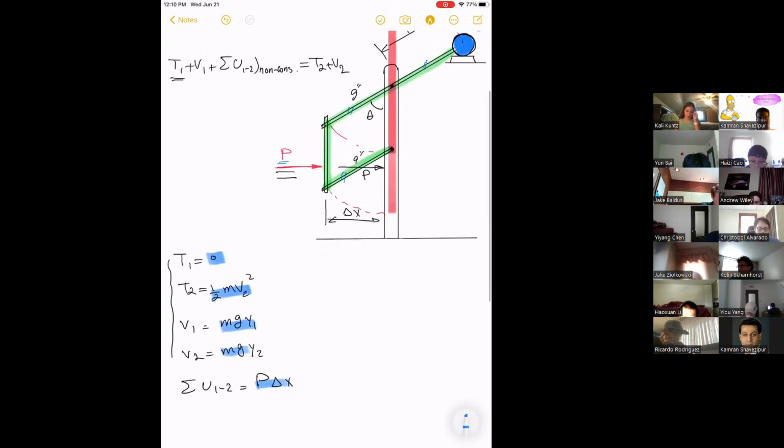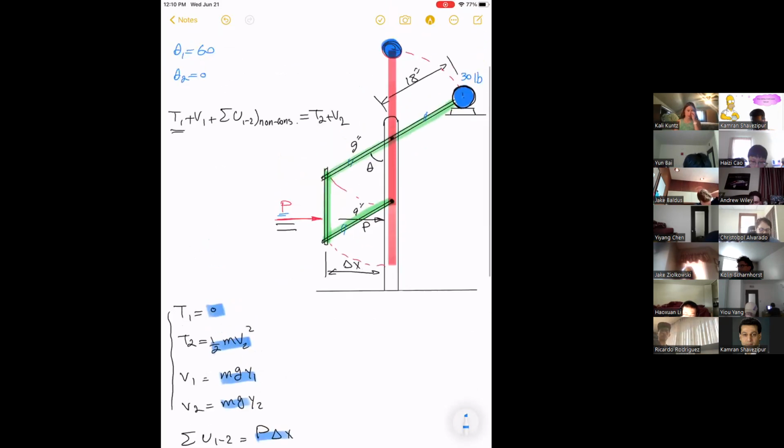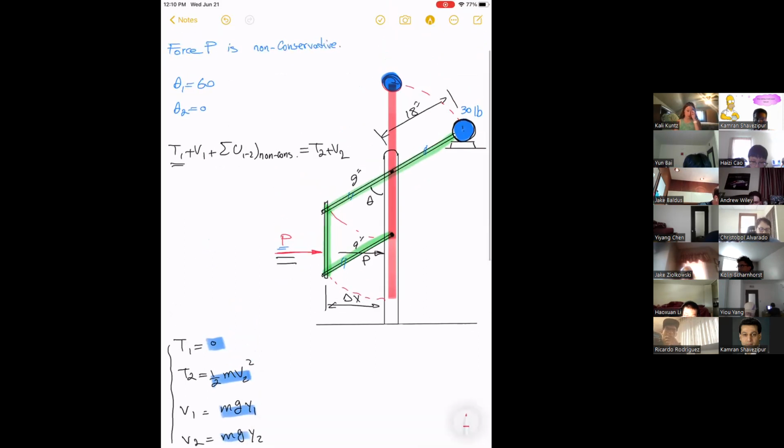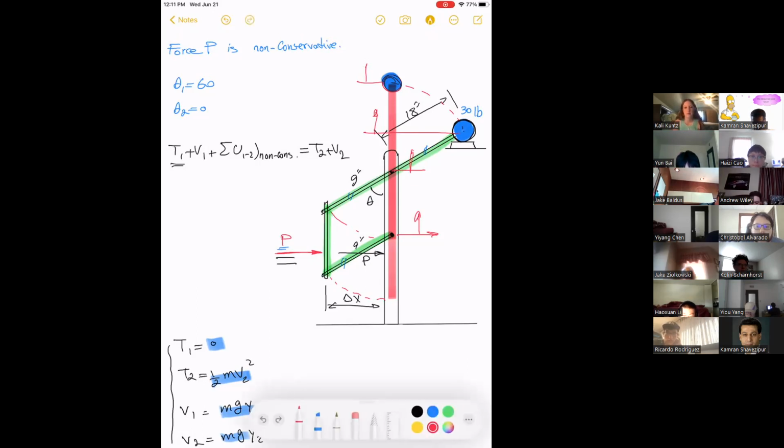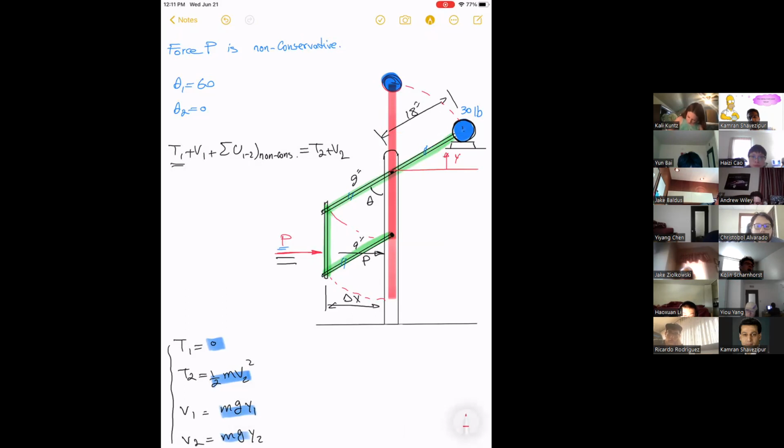The first question is, I use the expressions y1 and y2. Where should I put my reference point? Should I put it here? Should I put it here? Maybe I put it here, right? Again, you have multiple options. To make it easier to calculate this, I'm going to use this as my y reference line.